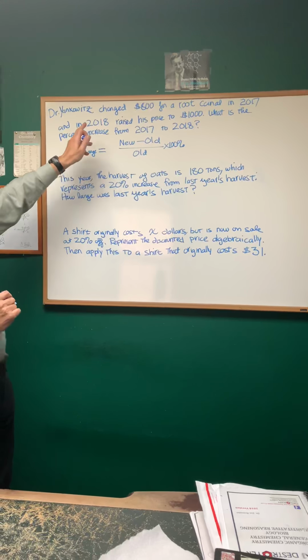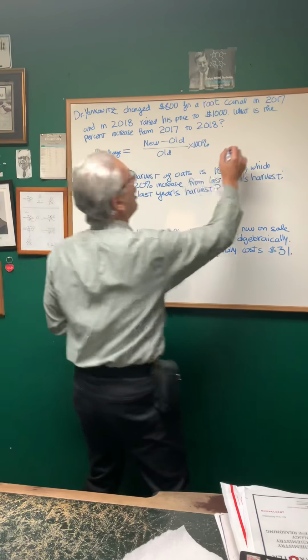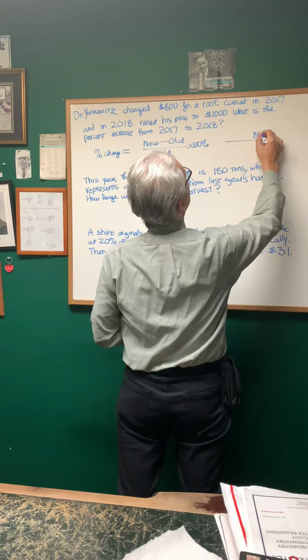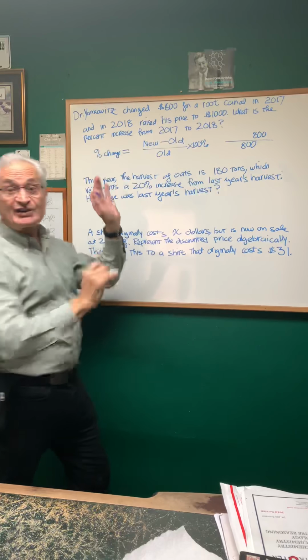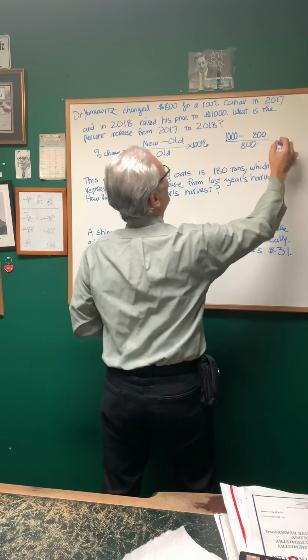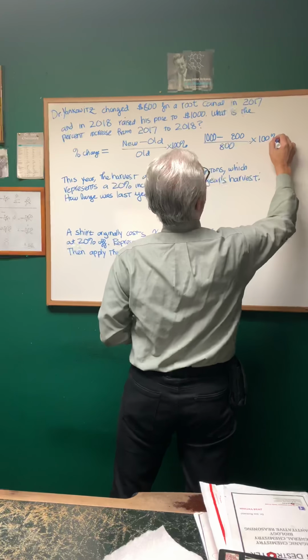Dr. Yankowitz charges $800 for a root canal in 2017. Well, that is the old value. So we know that $800 is going to go in those two positions. The new value is $1,000. So that's 1,000 minus 800 divided by 800 times 100%.